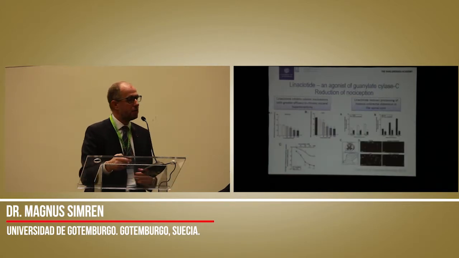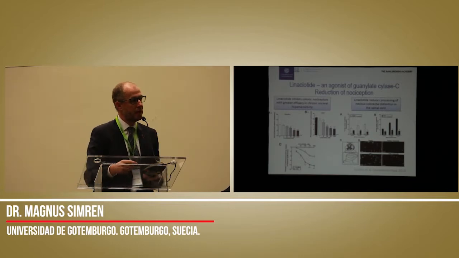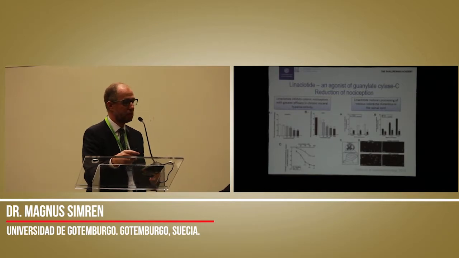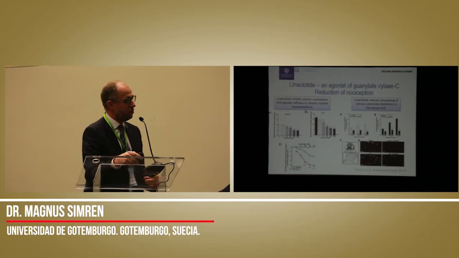Coming back to linaclotide, which, as I said previously, is an agonist of the guanylate cyclase C receptor. There is some evidence also suggesting that linaclotide can reduce nociception, at least from animal studies. This is a very nice study that was published a couple of years ago in Gastroenterology, where they looked at mechanosensitivity.